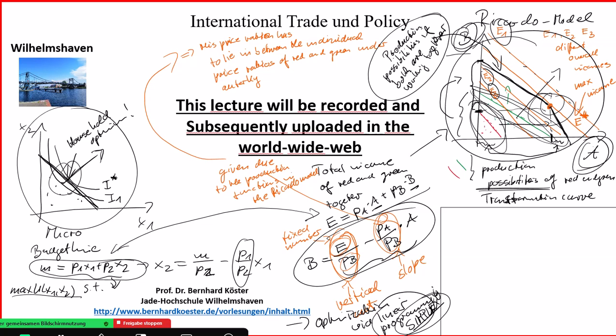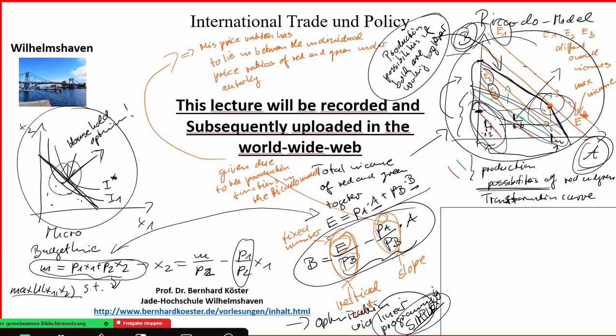Then defined by the slope of the curve, if here maybe you go from 1 to 2, or in the green one you go from 5 to 6, then this vertical part is just the reduction of the other good B you have to do when you increase the production of the other good.